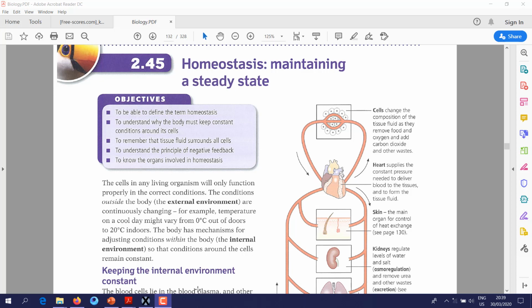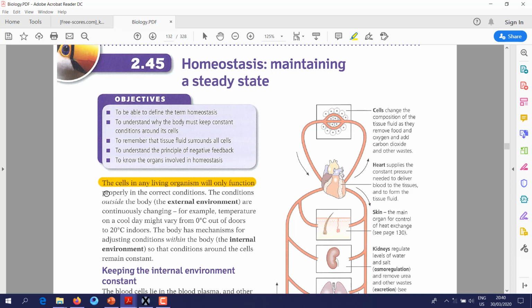the temperature. Temperature outside our body varies. It could be 0, it could be 5, it could be 10, it could be any temperature. So the temperature outside our body is always changing. Here is one example of factors.